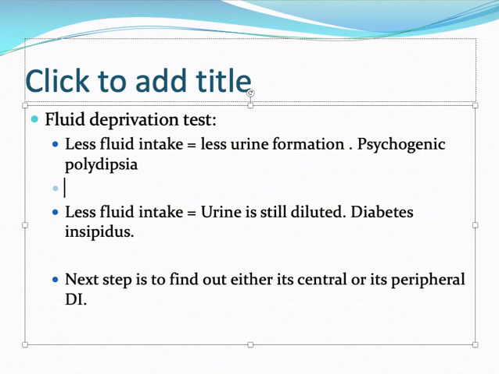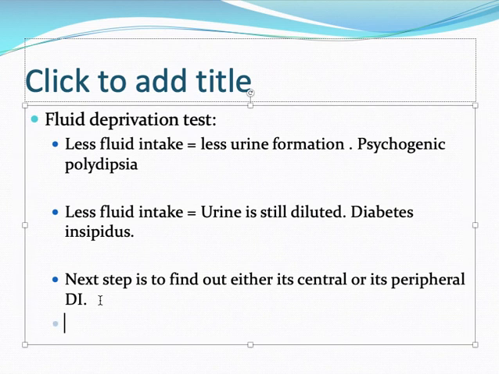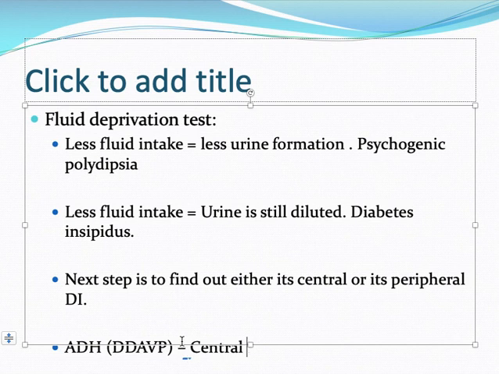So how do we differentiate that? Simply, we give them ADH, also called DDAVP. When you provide someone with ADH and they respond to that, the condition gets better, so it is central DI.